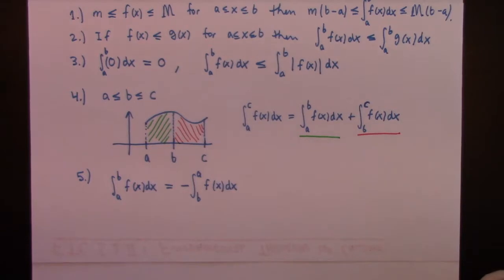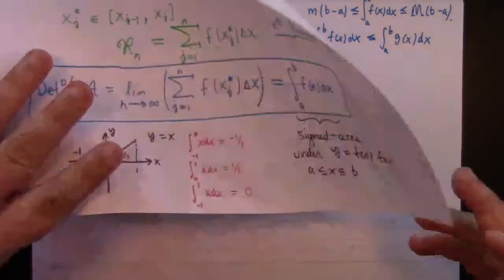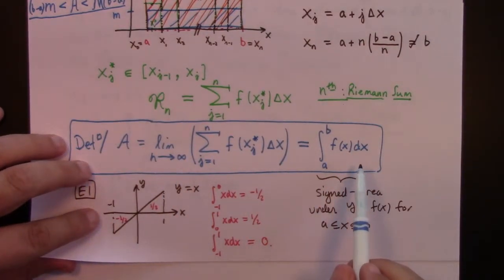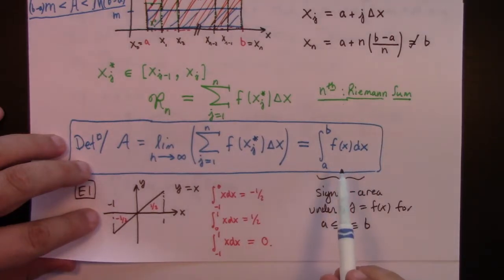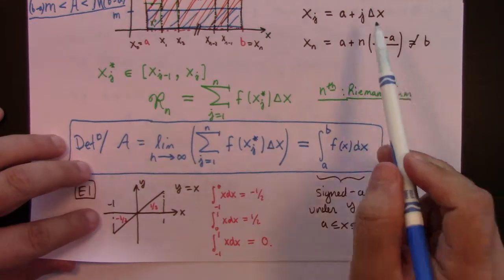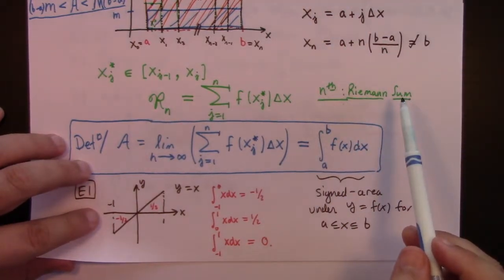You say, well, your definition assumed that a was less than b, so one of these things doesn't make sense, right? Well, okay, fine. So this is either a definition, or if you take the formula that I gave in the last talk here, this guy, if you take this formula as the definition, and you don't insist that a be less than b, I think all these formulas still make sense.